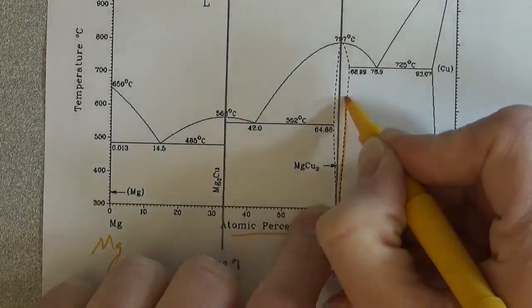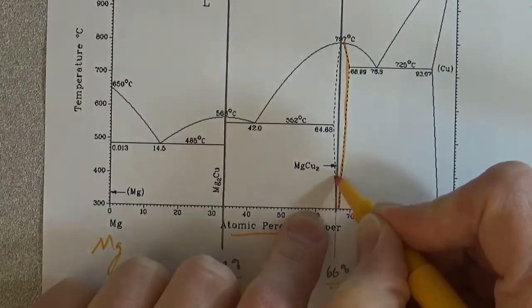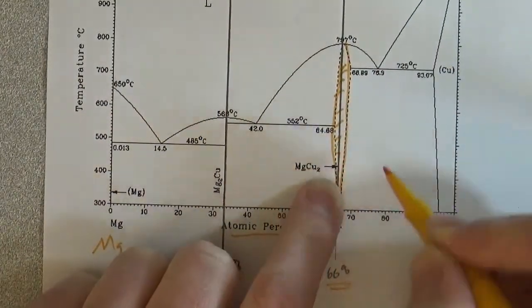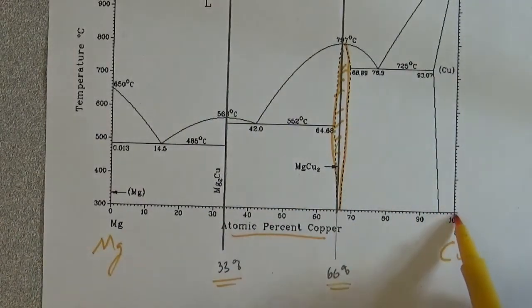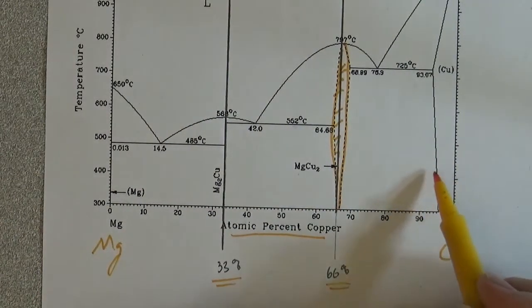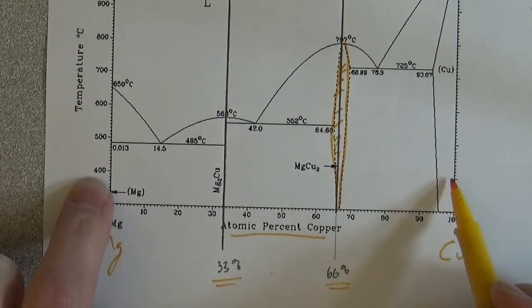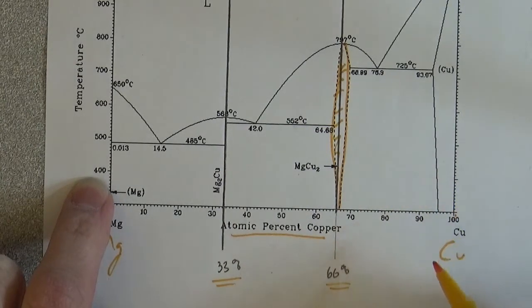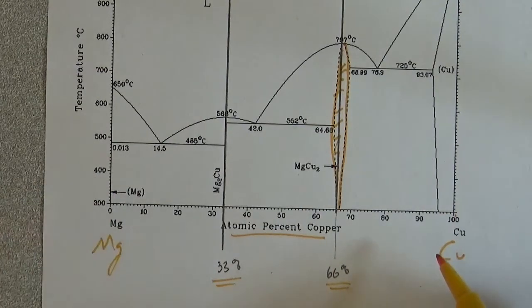And over here we have copper, which at around 400 has a solubility of maybe 6% magnesium that can sit on the copper sites.